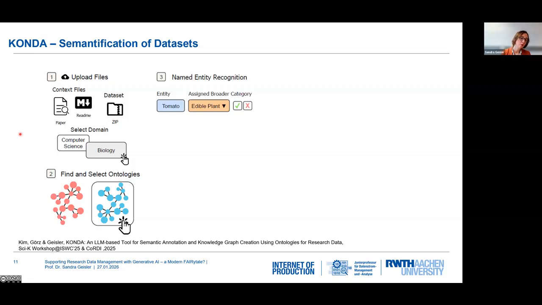The next step, what we do then, is to analyze the data set and try to find so-called named entities. So that means we do named entity recognition. An entity could be, for example, a tomato.